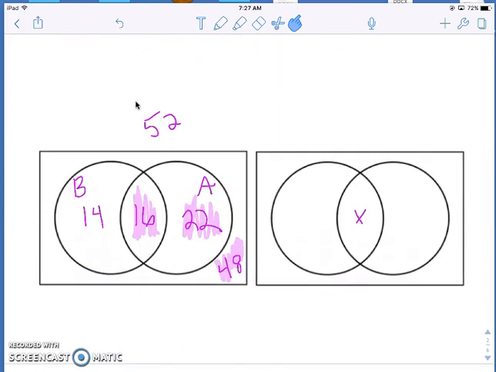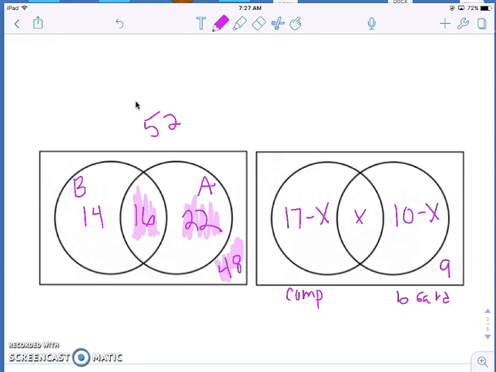So if this is computer over here, and this is board, this would be 17 minus X. And 10 play board games, so this is 10 minus X. And then out here we got 9 playing neither.